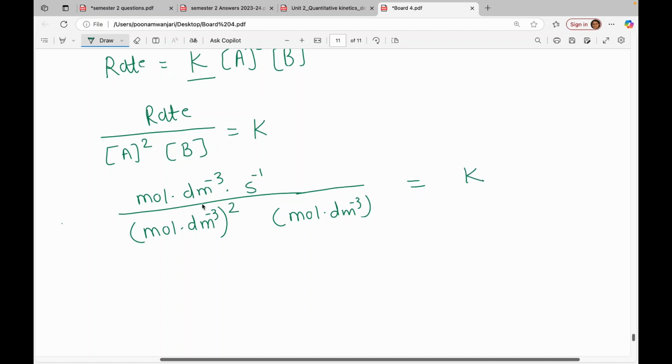So students, here we can directly cancel out the unit and second inverse. We can simplify this unit.